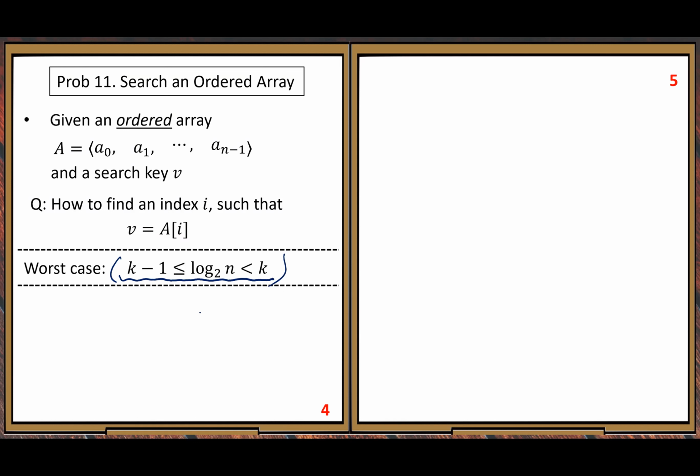The k could be in a range. So that expression we still feel is not quite accurate or precise. So we want to make that inequality an equality.